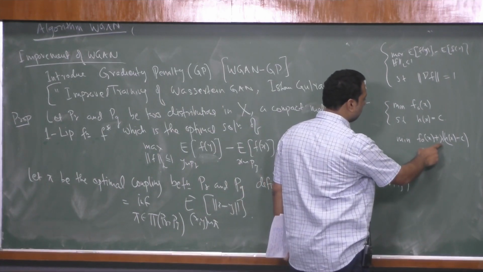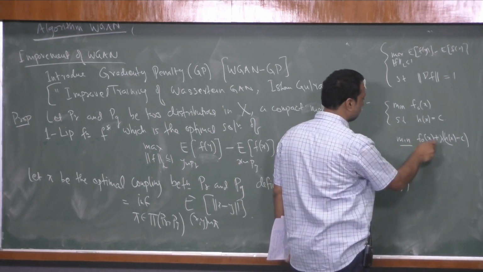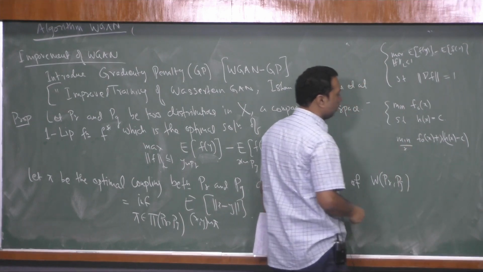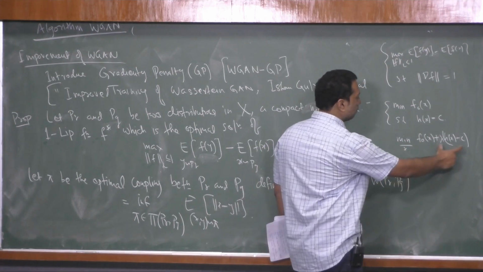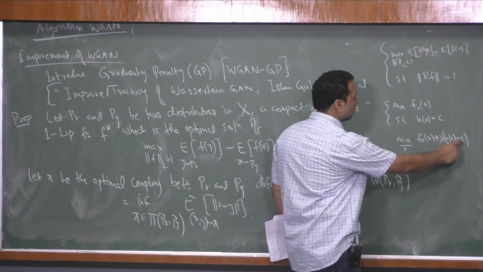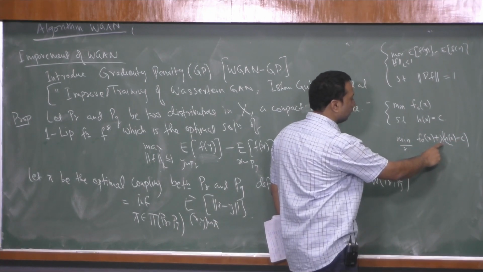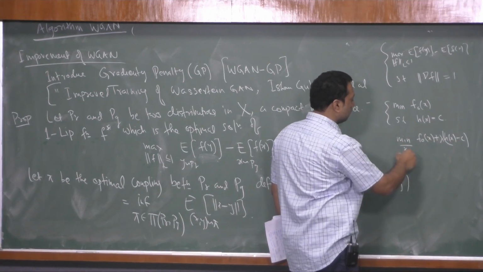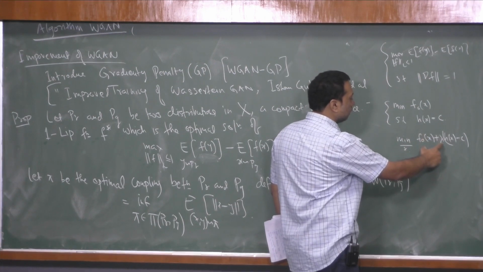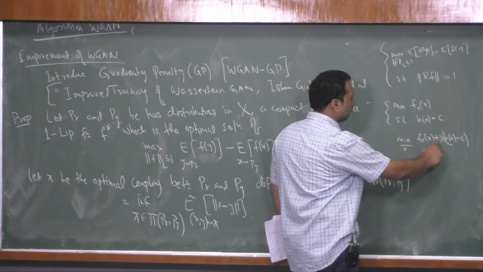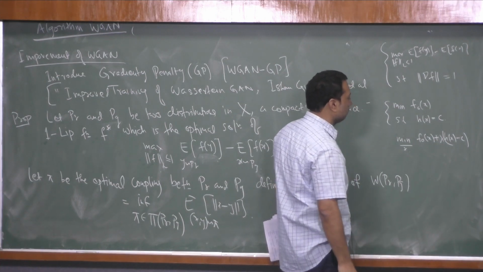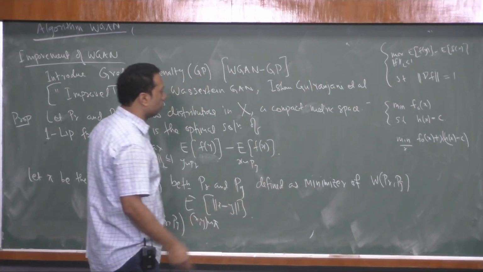If I take lambda very big, then when the optimizer is optimizing over x, it will try to make this 0, because the optimizer is like an agent, right? It's trying to minimize the whole cost.